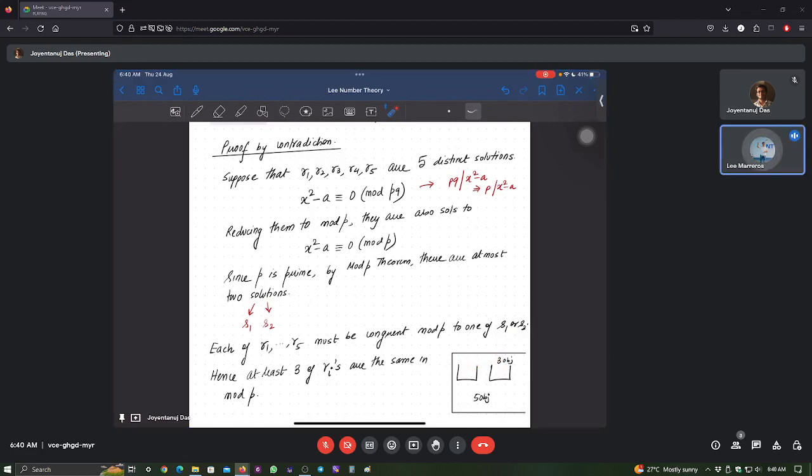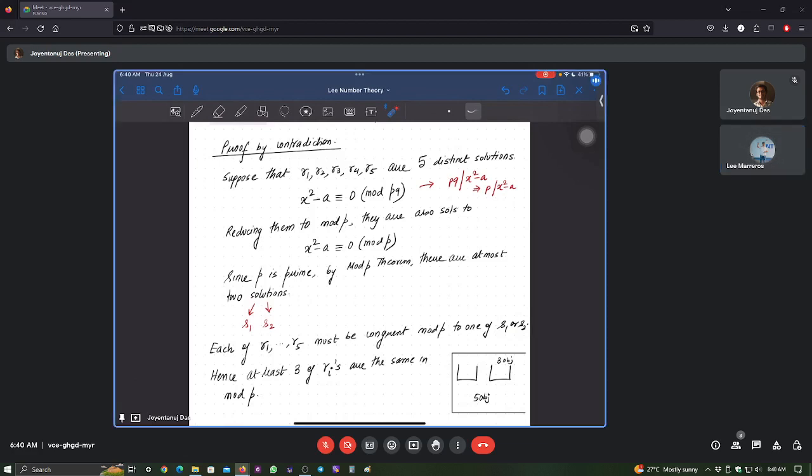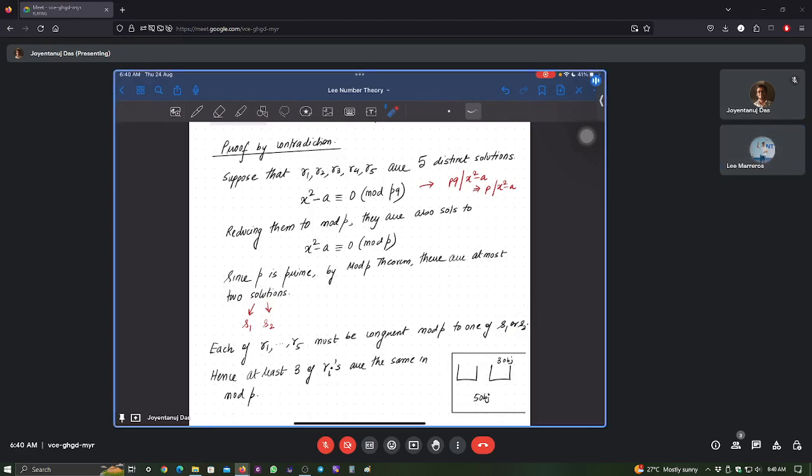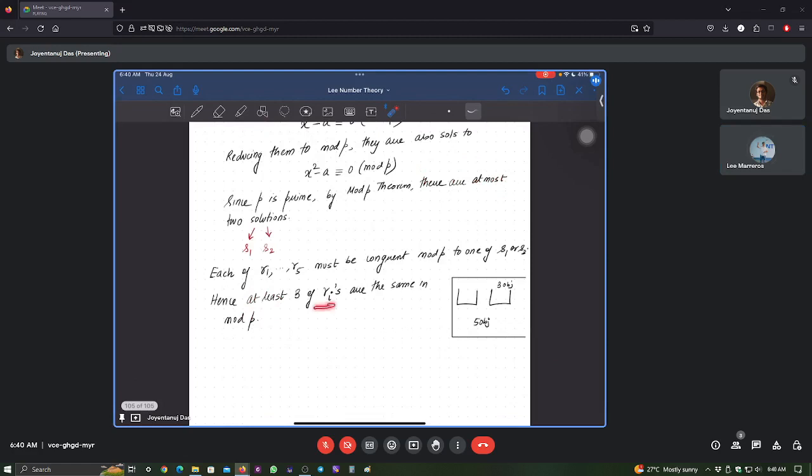Yes, in any distribution, one of the two boxes will have at least three elements. I'm taking that box. So at least three of the Ri will be the same in modulo P, the same congruence.